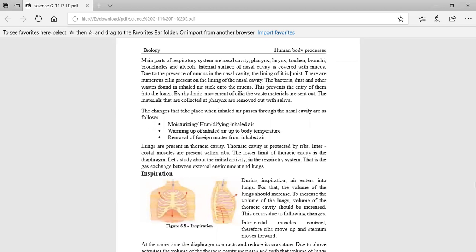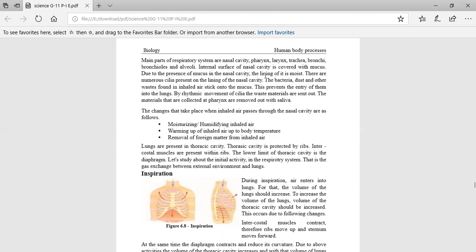Nasal cavity. Right. Due to the presence of mucus in the nasal cavity, you know, there is mucus.